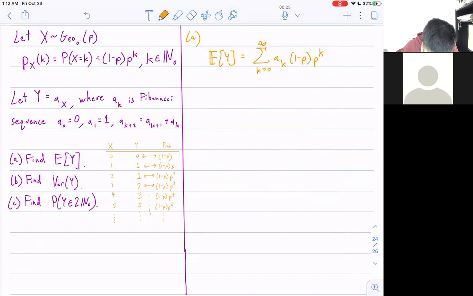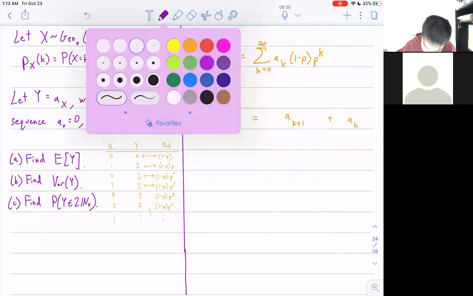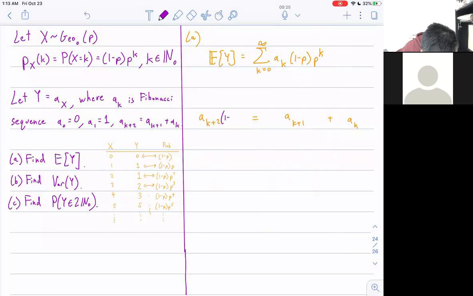So taking this defining equation for the Fibonacci sequence, I'm going to multiply both sides of this by one minus p times p to the kth.